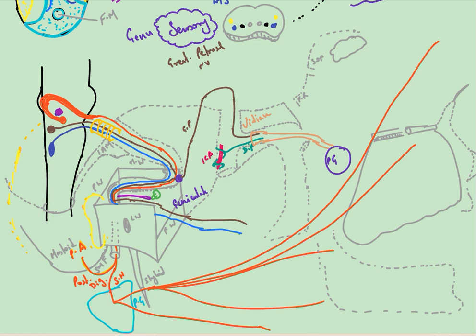Now, understood this much? Now, the parasympathetic fibers from the pterygopalatine ganglion give off a branch to the maxillary nerve.